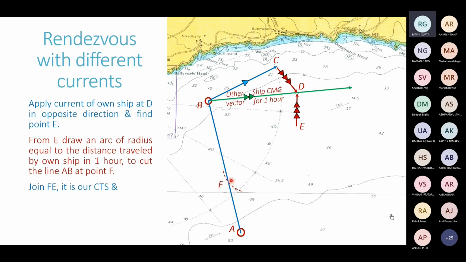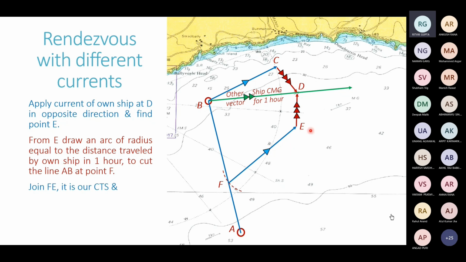Now we join F with E. So we have this line now which is joining F with E, Foxtrot Echo. Now this vector, Foxtrot Echo, is basically our course steered vector. You see, we have opened up our compass equal to the engine distance traveled by own ship in 1 hour.